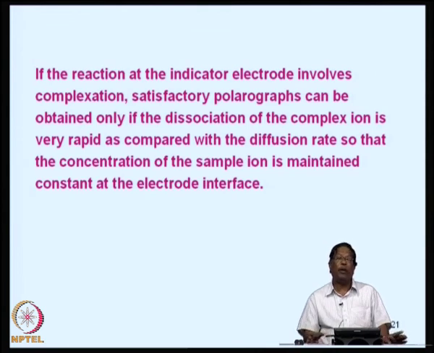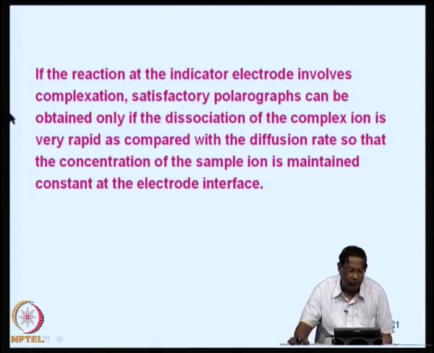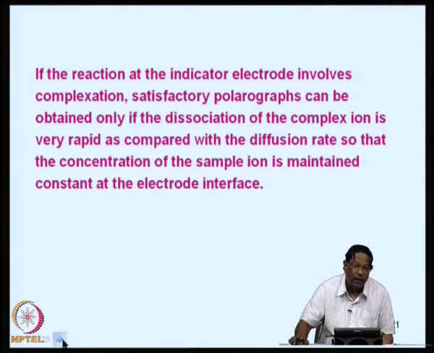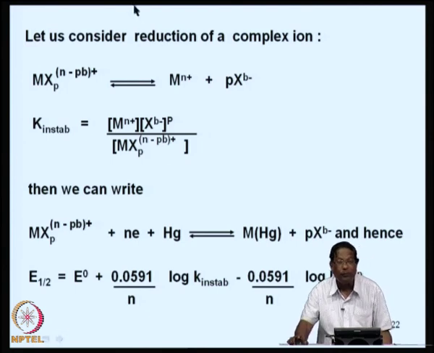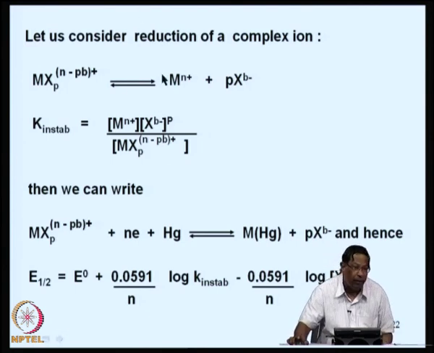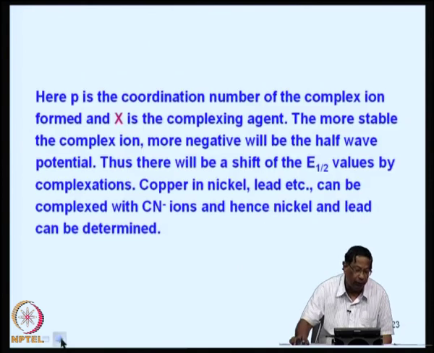There is no compromise on that front as compared with the diffusion rate, so that the concentration of the sample ion is maintained constant at the electrode surface. That is a very important concept. Otherwise, you will not be able to do the complex analysis unless the complex also gets reduced immediately and moves into the bulk of the system, the bulk of the mercury drop.